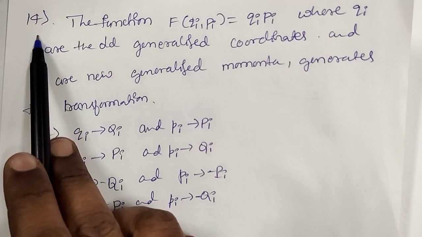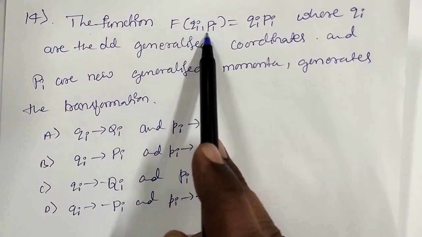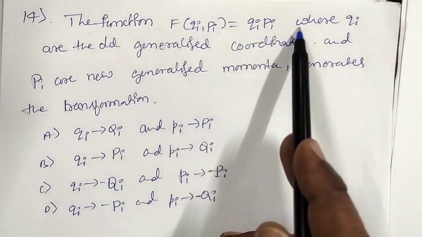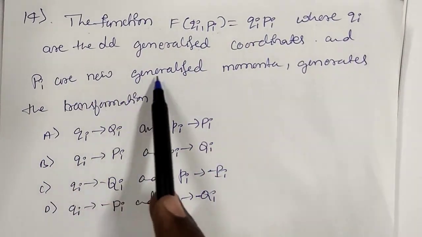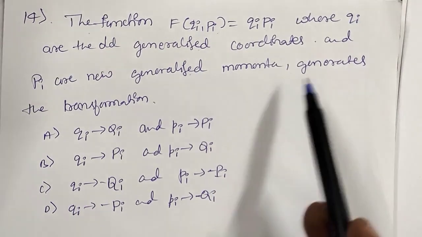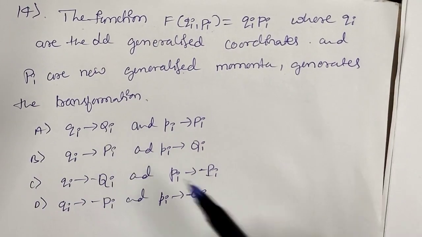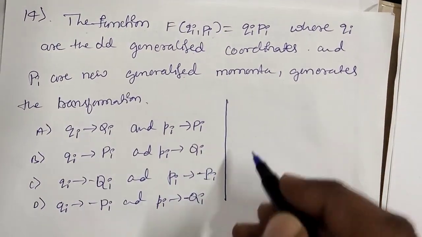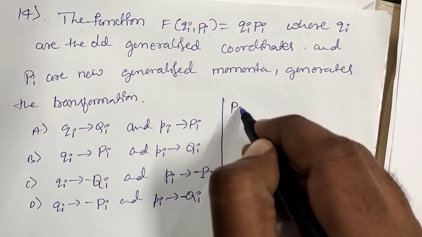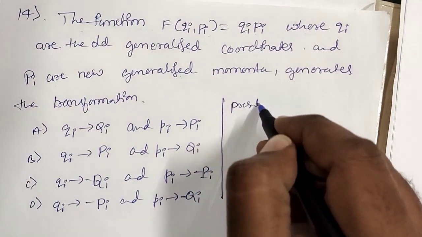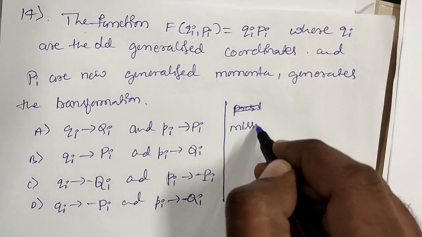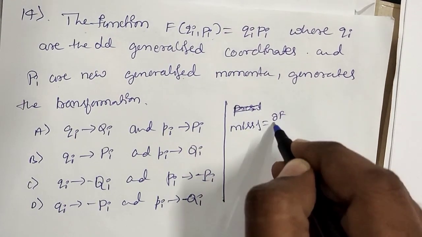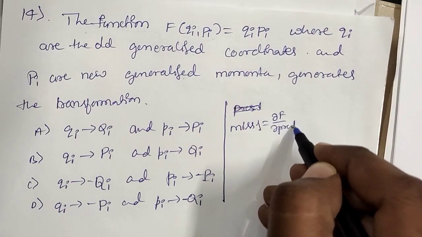Question number 14. The function F of q i comma P i is equal to q i P i, where q i are the old generalized coordinates and P i are the new generalized momenta, generates the transformation. So we know that the old momentum is equal to dou F by dou old coordinate.